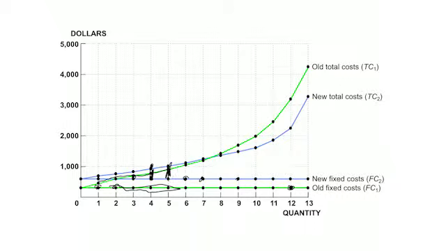So you can see the difference there between the flat blue line and the blue line that's increasing. That difference is the variable cost, and we add that variable cost to fixed costs and we get total cost. And we're representing that as new because it's an expanded, larger, newer firm.